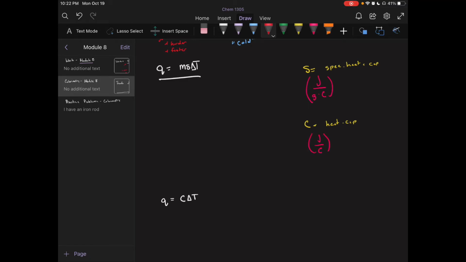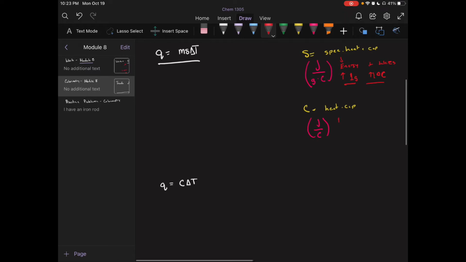The difference between them is that specific heat capacity is how much energy it takes to raise 1 gram of a substance by 1 Celsius, versus regular heat capacity, which is the energy it takes to heat all of the mass by 1 Celsius.